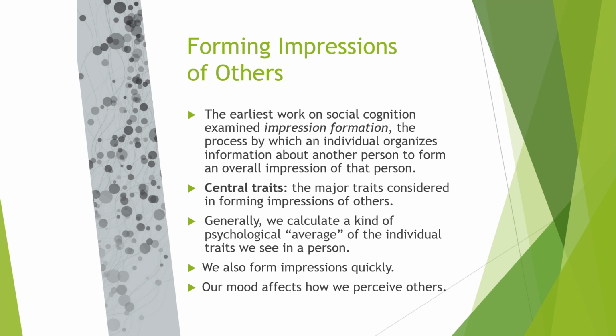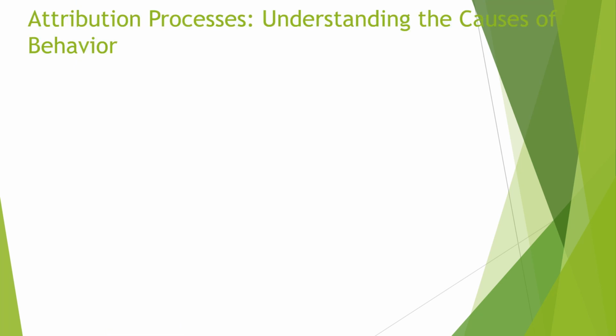Now, when we form an impression on someone else, what we're actually doing is going through what is called an attribution process, where we're trying to understand the causes of behavior.